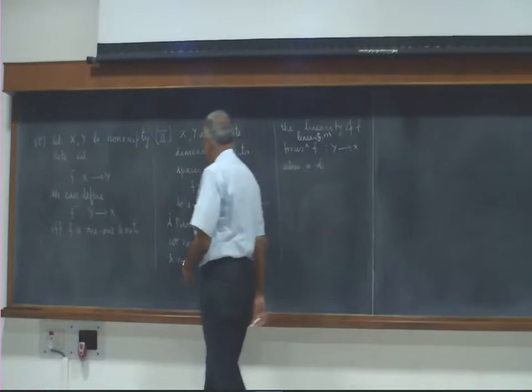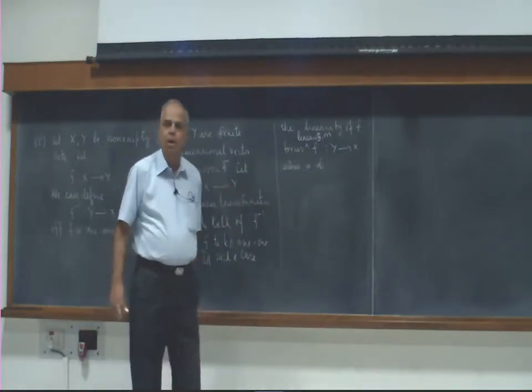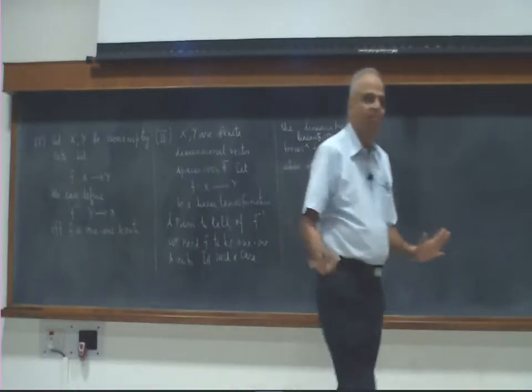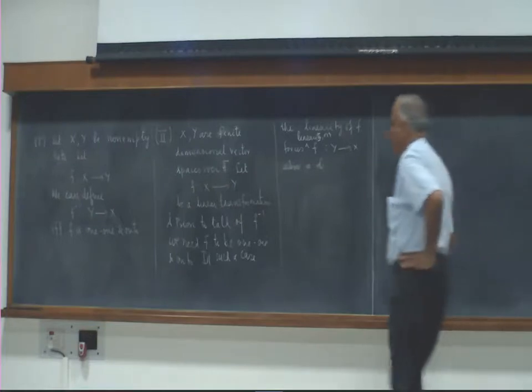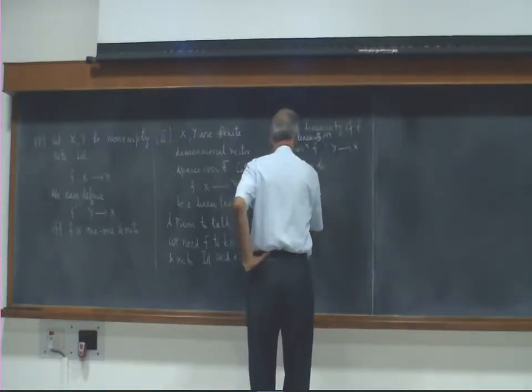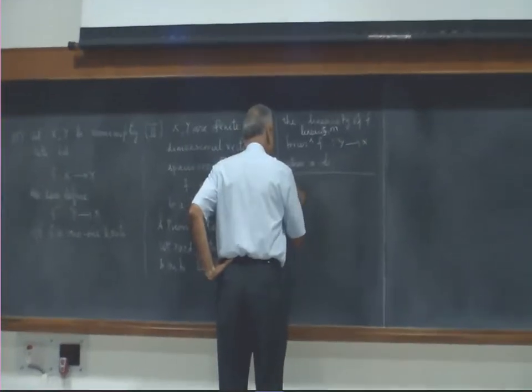In order to talk about inverse, we need one-one and onto. Nothing more is needed: one-one and onto gives the inverse, and the linearity structure is automatically preserved. So now, suppose f is one-one and onto.